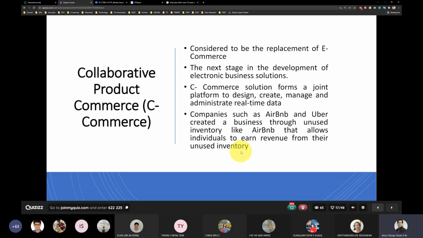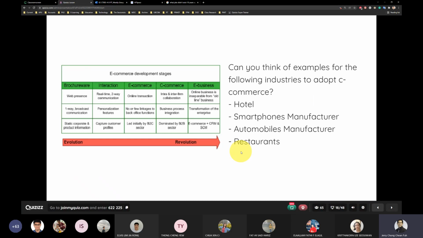Yeah. So the collaborative part here, if you notice, goes across a lot, not just the company working together with its users and consumers, but it can also relate to companies that work together with other companies as well. The collaborative part of this commerce is not just between the company and people overall.